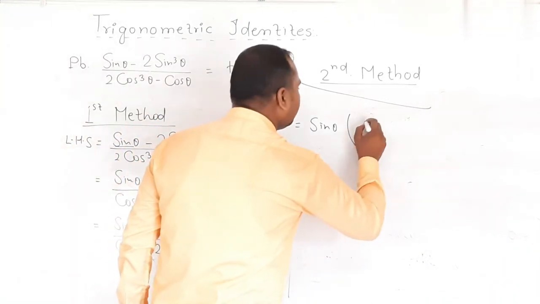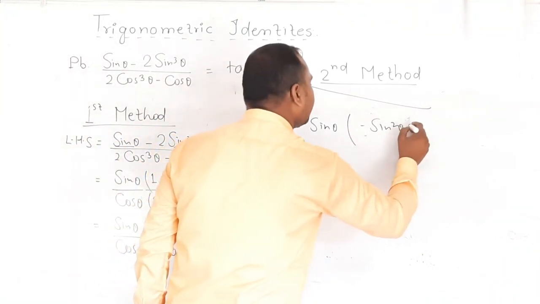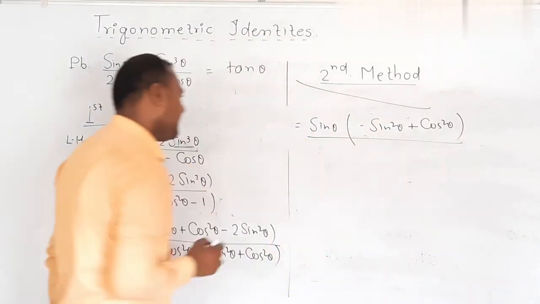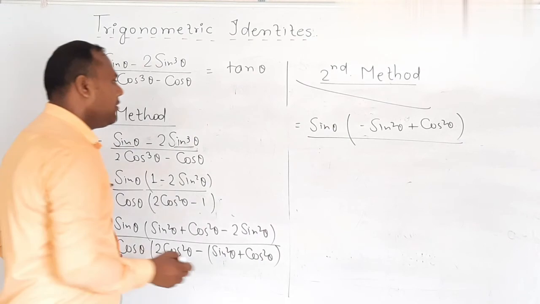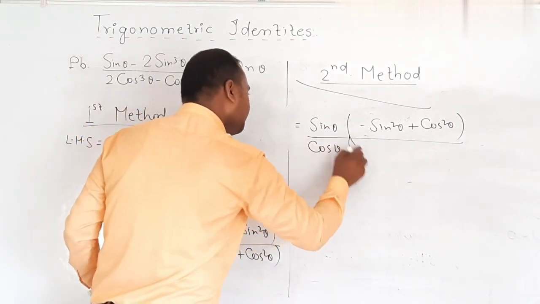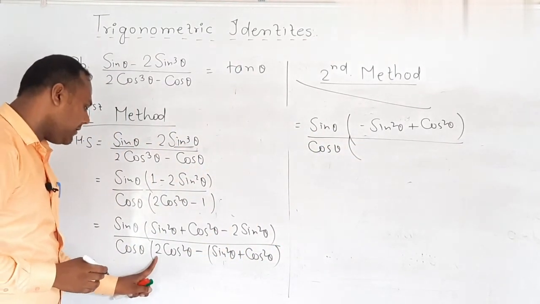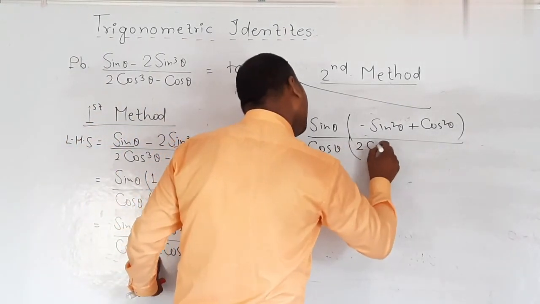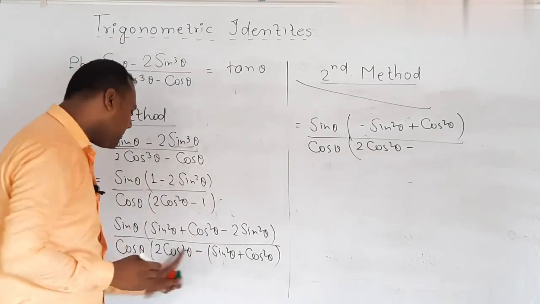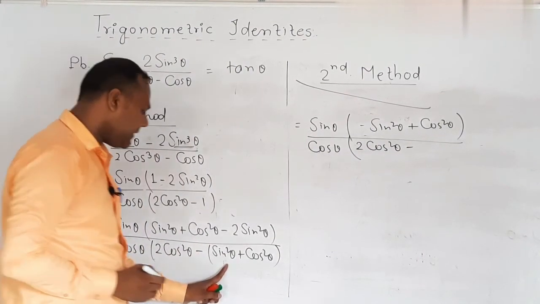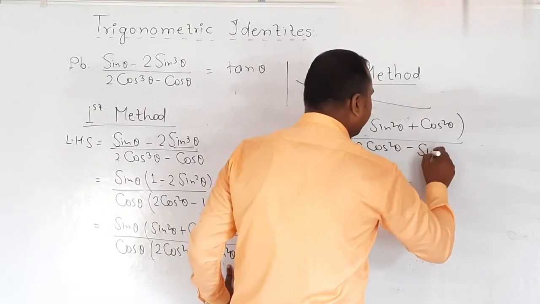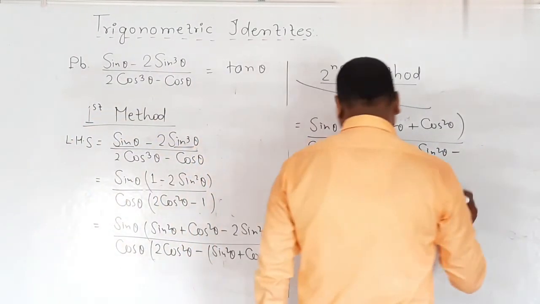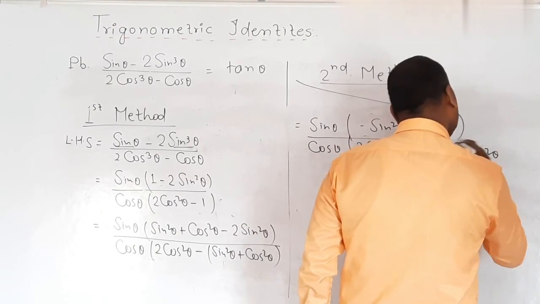That means minus sin²θ plus cos²θ, divided by cos θ and 2 cos²θ minus (sin²θ plus cos²θ). After breaking the bracket, the sign will change. That means minus of sin²θ, and also plus into minus gives minus, that means minus of cos²θ.